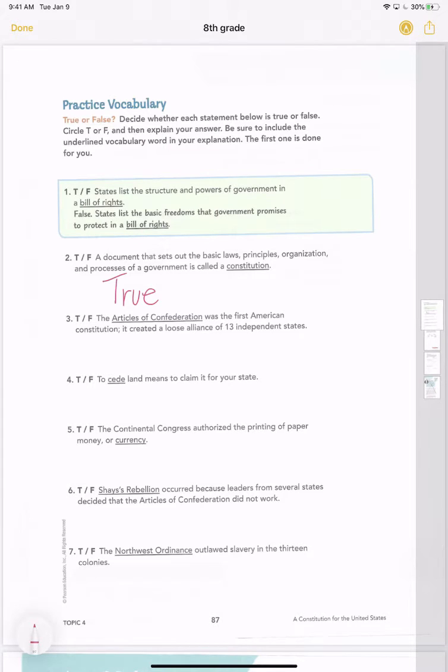All right. Number three says the Articles of Confederation was the first American Constitution. It created a loose alliance of 13 independent states. We know that to be true. The 13 independent states, we know that to be the 13 colonies.